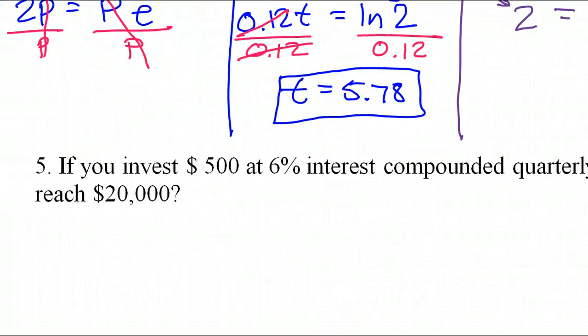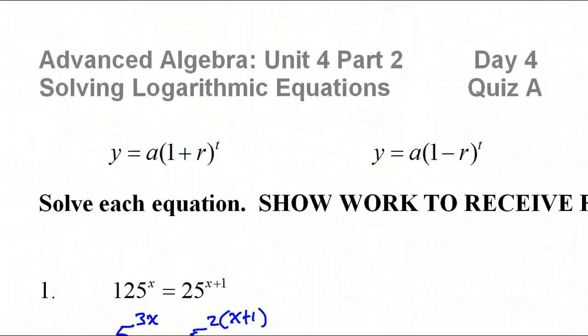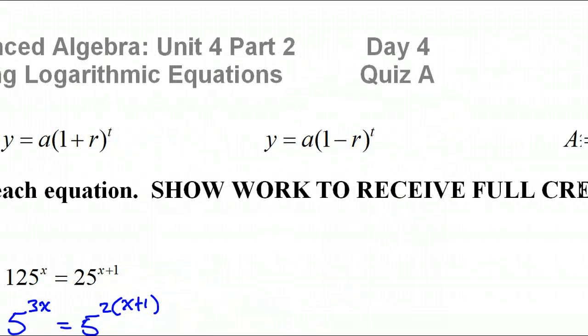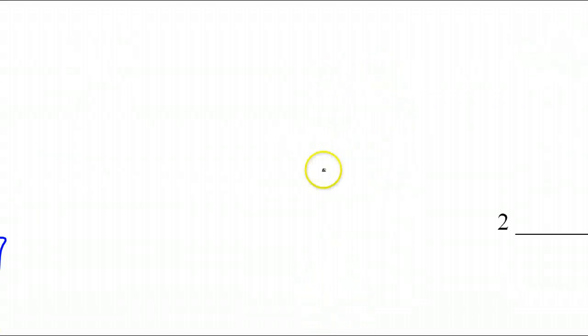So you have to know which one of those formulas we're going to be using, and we will be using this one. If we're talking about quarterly, that means n is 4. Quarterly means 4 times a year.